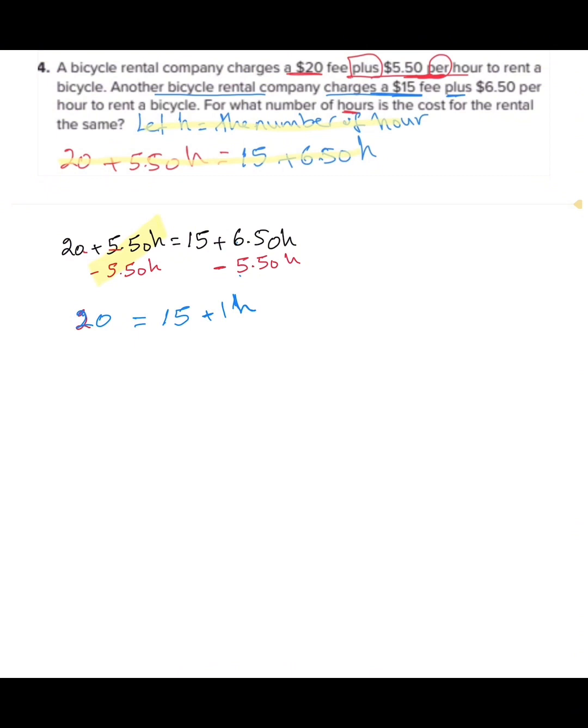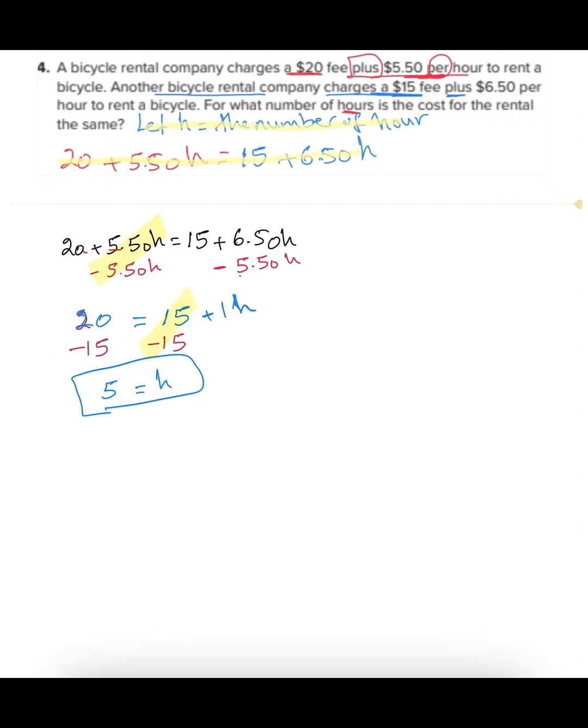As I said, we must put the variable on one side and the number on the other side. So 15 is not in this position, it must be on the other side. So I will put minus 15 on both sides. The first side is 5, equal h, because this will be deleted, 0.